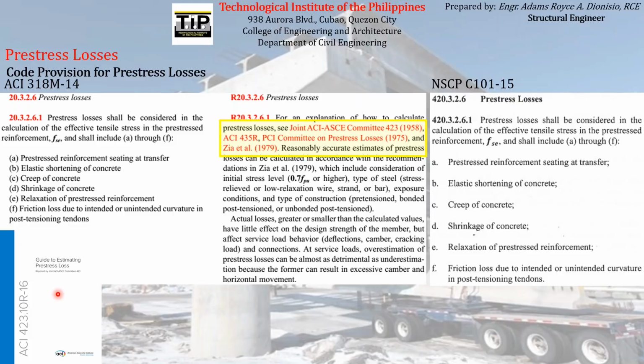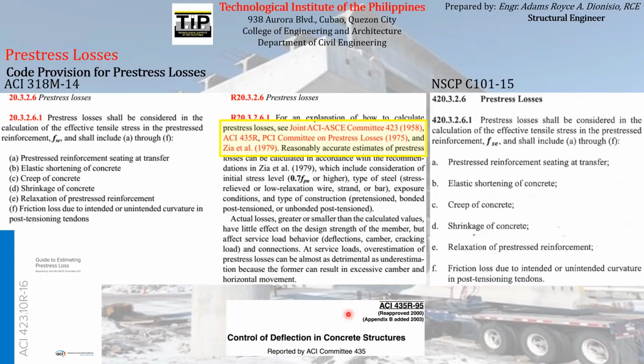Here it was enumerated, the particular methods, empirical methods to be exact, on how to estimate the actual magnitudes of these different pre-stress losses. Another reference that the code recommends is ACI 435R, the control of deflection in concrete structures, which is reported by ACI Committee 435.